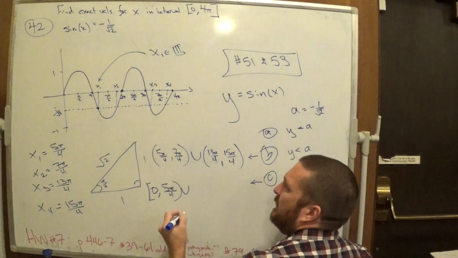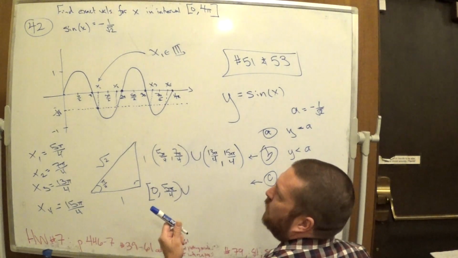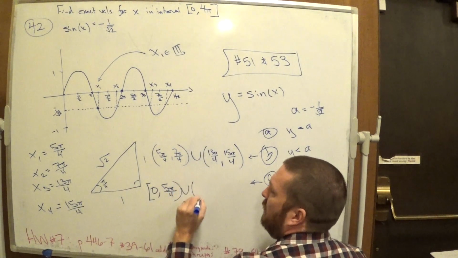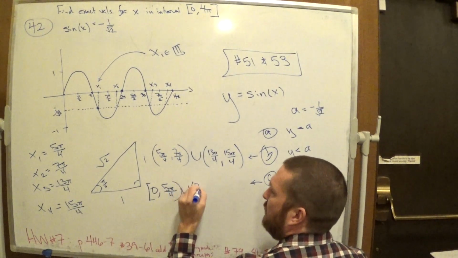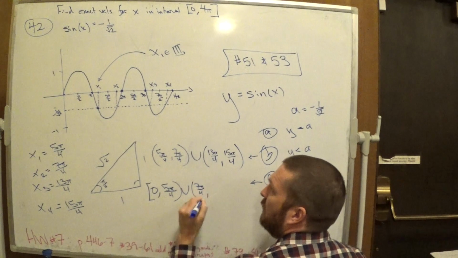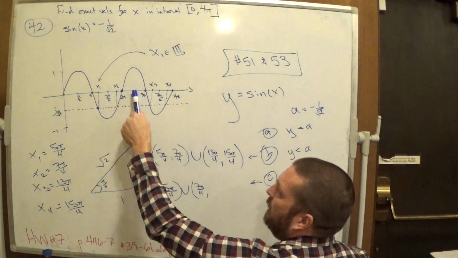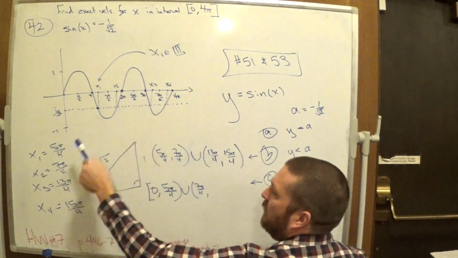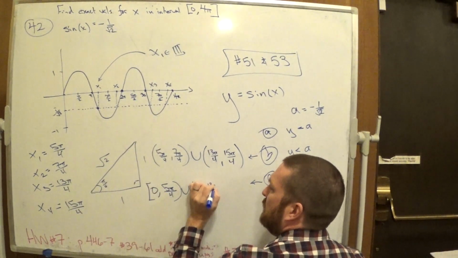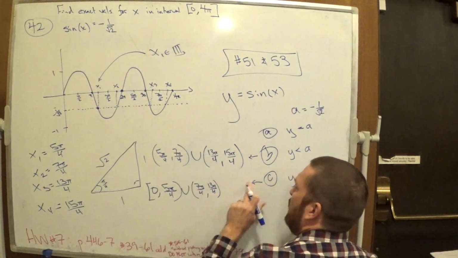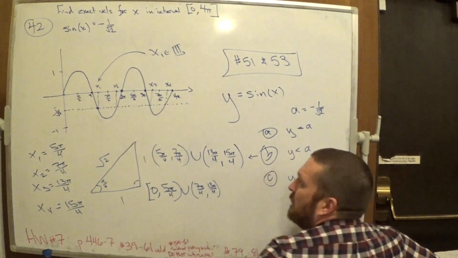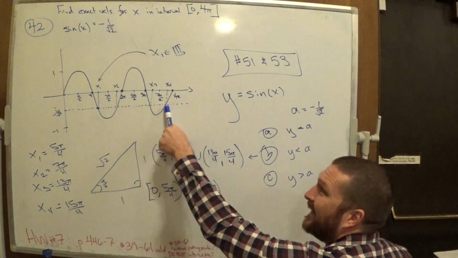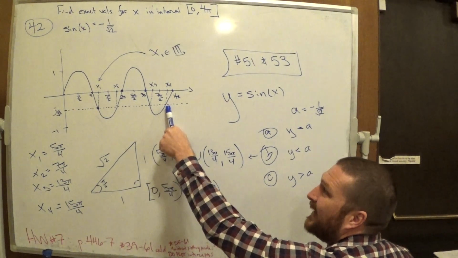Okay, union that with the next interval, which is where? x2 to x3. x2 is 7 pi over 4, all the way up to here, it's bigger, right? And so x3 is 13 pi over 4. Do we have any more intervals? Oh, I didn't even notice that.